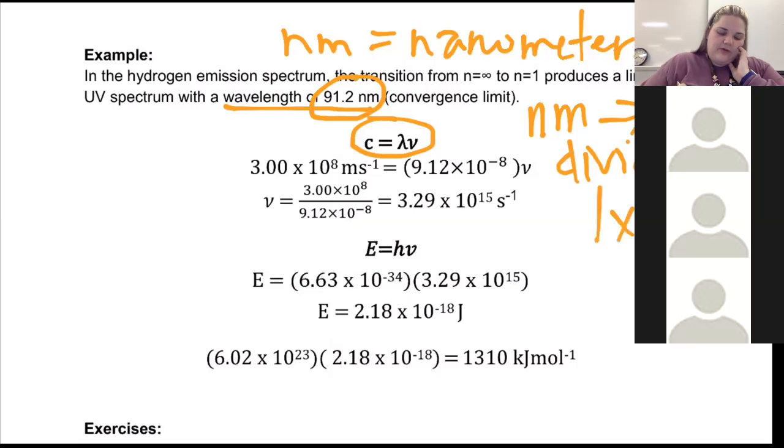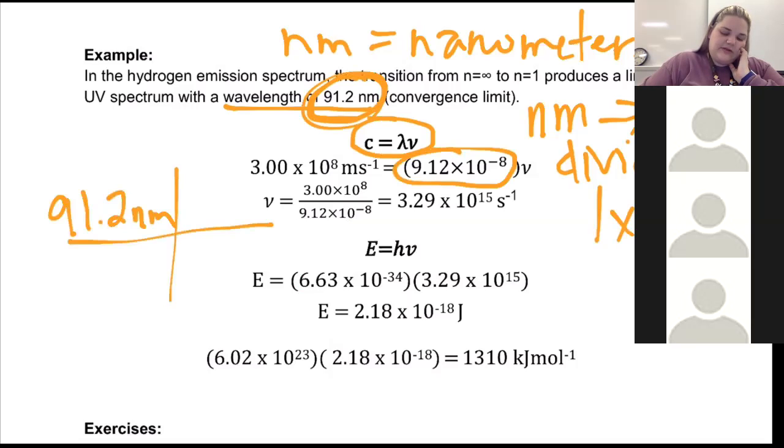If you notice, that's what they did here. It's 91.2 in the problem, but down in our work it changed to 9.12 times 10 to the negative 8. That's because they did a quick one-step dimensional analysis conversion: 1 times 10 to the 9th nanometers is 1 meter, and they divided by this 1 times 10 to the 9th, which ends up giving you 9.12 times 10 to the negative 8th power.